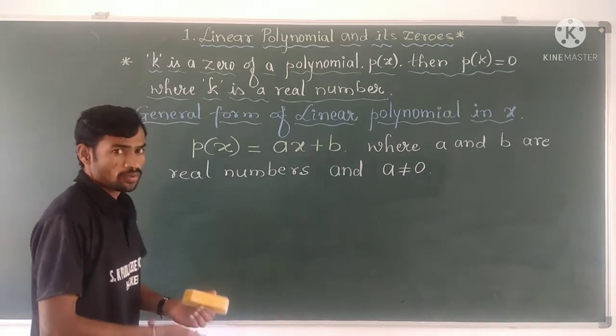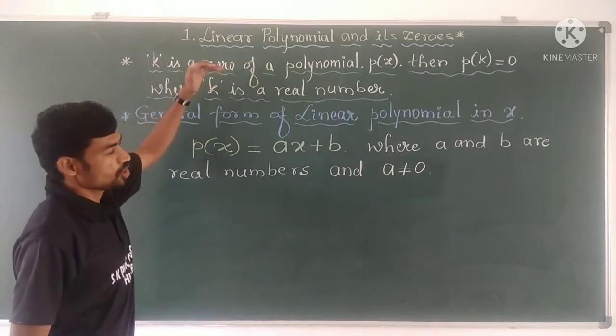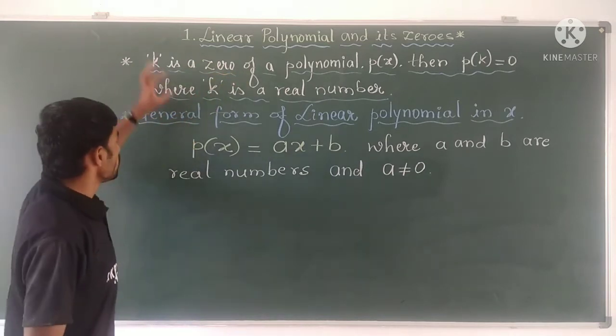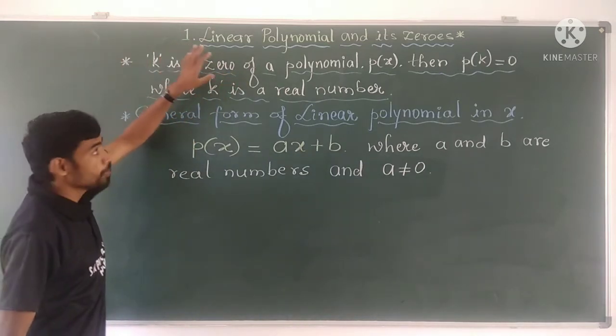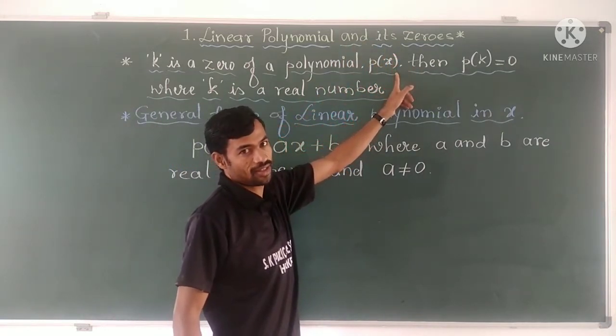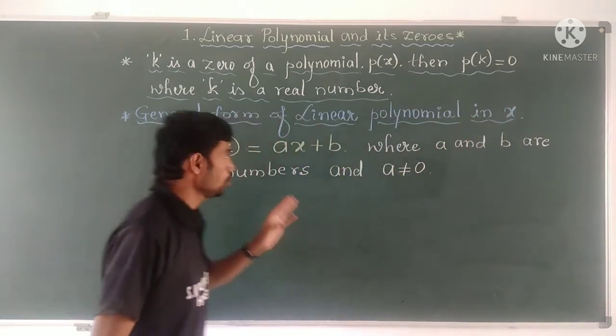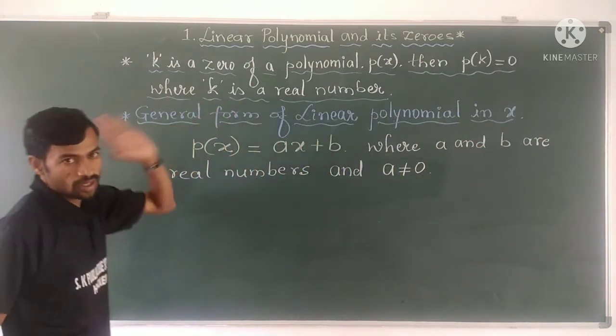As we have seen, generally, what is the zero of a polynomial? K is said to be a zero of a polynomial p of x. Then p of k must be equal to 0, where k is a real number.